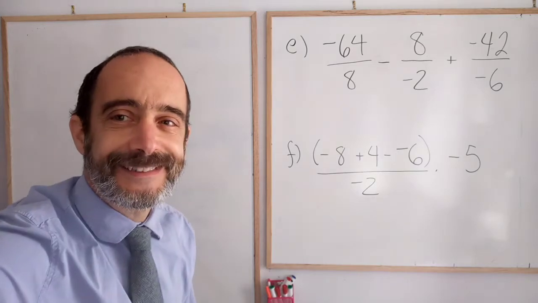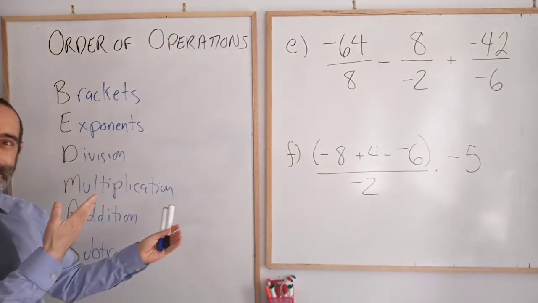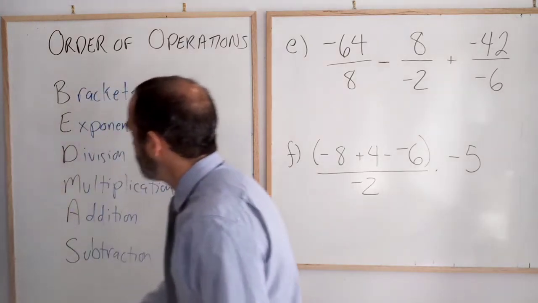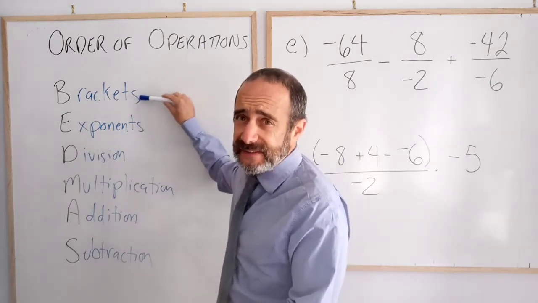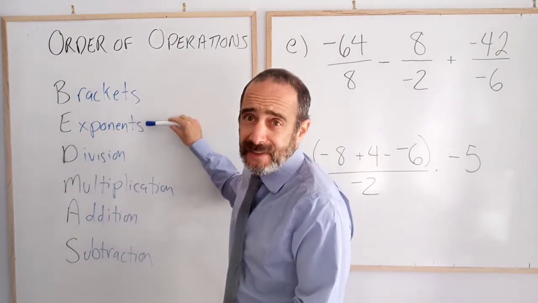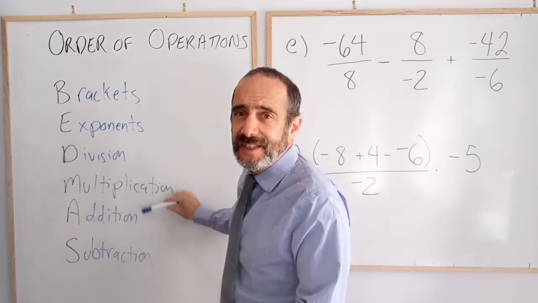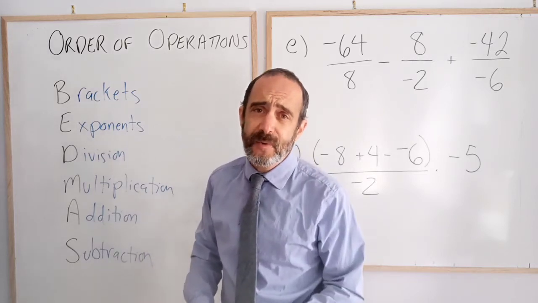So just a moment, please. Welcome back. So, order of operations, right? As I said, BEDMAS, and BEDMAS stands for: first you want to do the brackets in a question, and then exponents, division, and then multiplication, addition, and then subtraction. That's the order of operations, BEDMAS, okay?